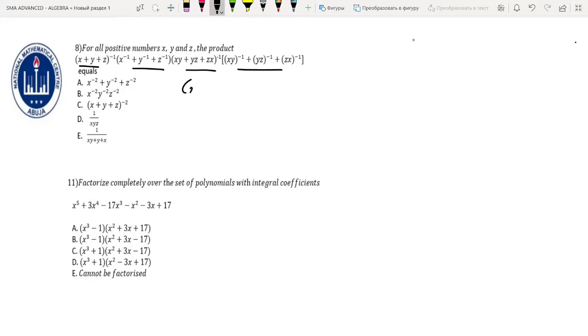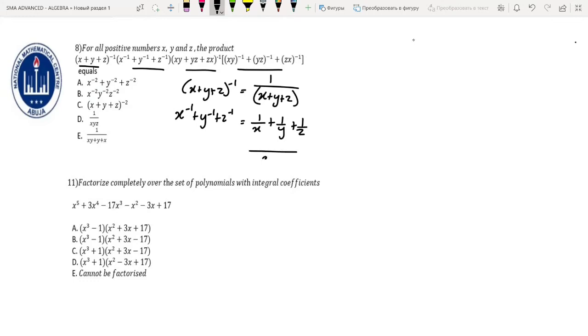So this term, x plus y plus z inverse, is just going to be 1 over the base of the minus 1. And this x inverse plus y inverse plus z inverse, just add the inverses up. And from here, we find the common multiple of the three numbers, not necessarily the LCM.